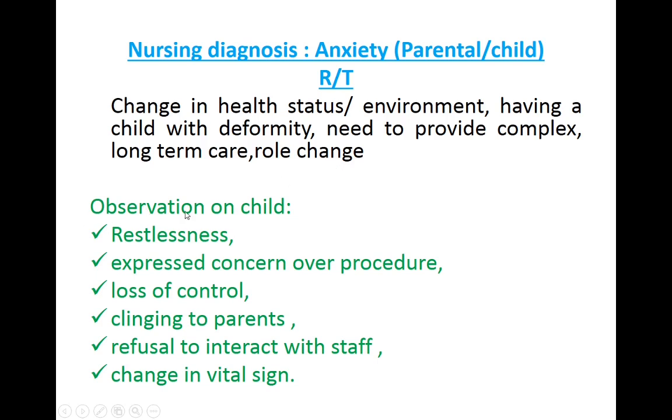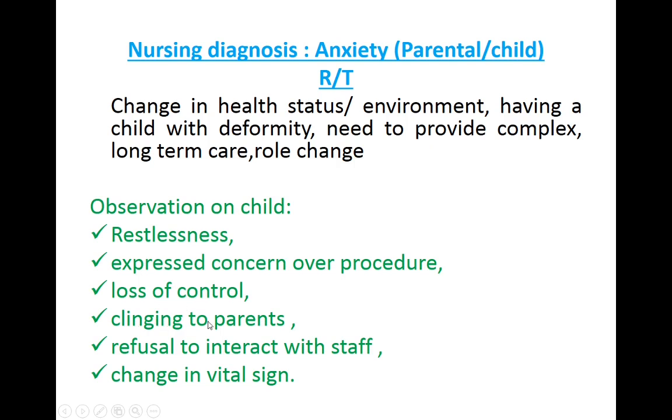In the child, what you will observe, if it is a young child, and an older child also you might see, is restlessness, expressing concern over procedures: they are going to give me an injection, they are going to do this, they are going to do that. Loss of control, which I think I have explained earlier. We are going to have one more class on age appropriate, so I'll explain that again later on.